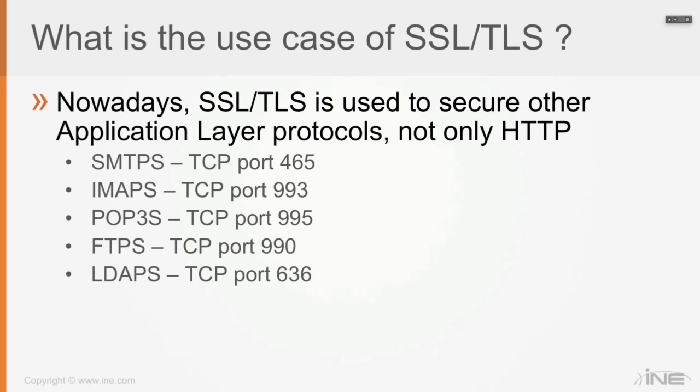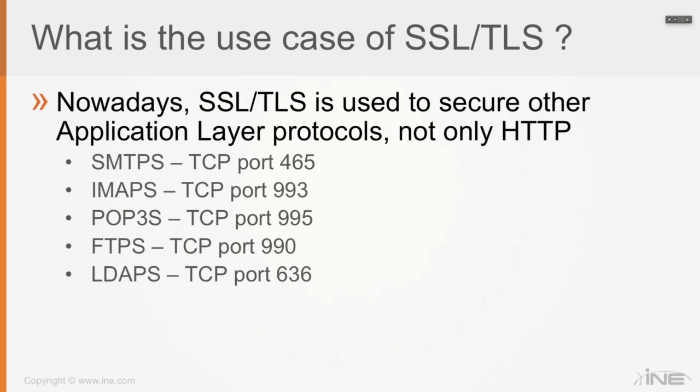There are, of course, other protocols which make use of SSL or TLS, but those are the most commonly known ones, where SMTP, IMAP, and POP3 are email-related protocols. FTP Secure, we know what FTP is, and LDAP is the connection protocol used to speak with an LDAP database.